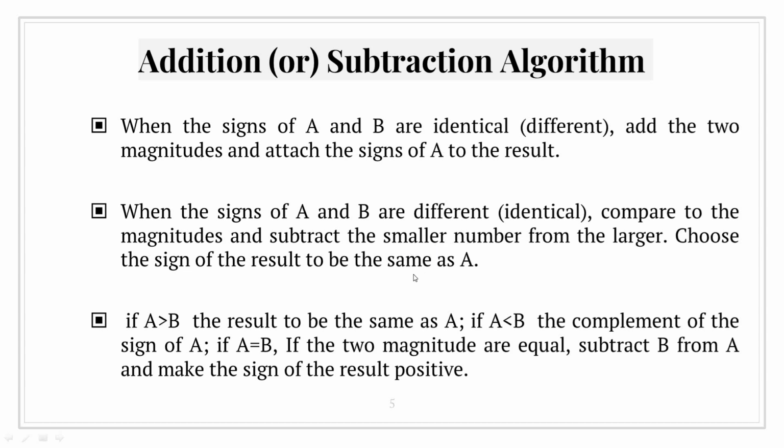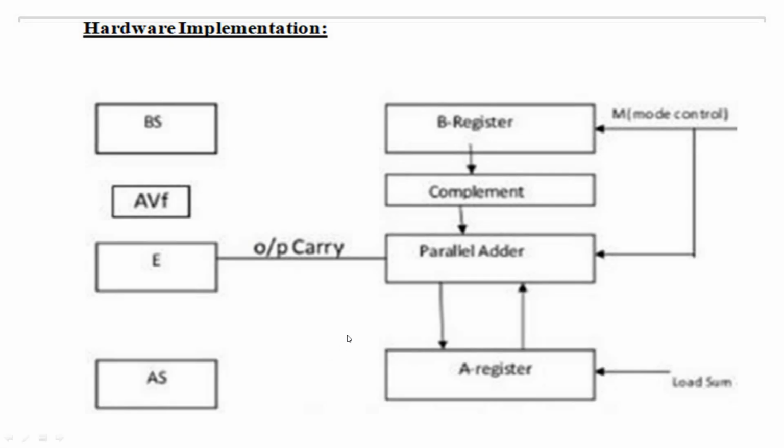Choose the sign of the result to be the same as A if A is greater than B, and the complement of the sign of A if A is less than B. If the two magnitudes are equal, subtract B from A and make the sign of the result positive.